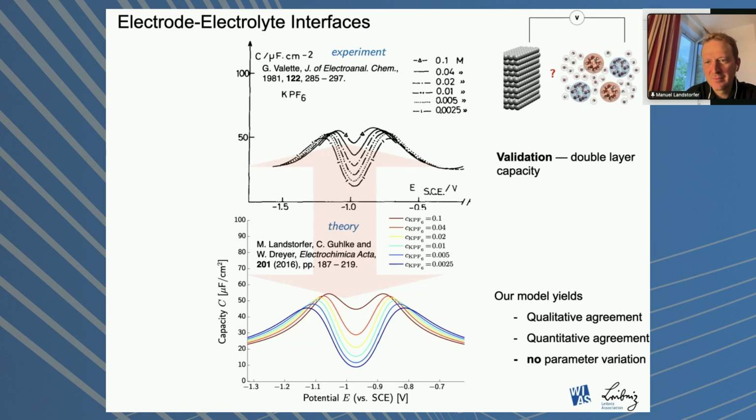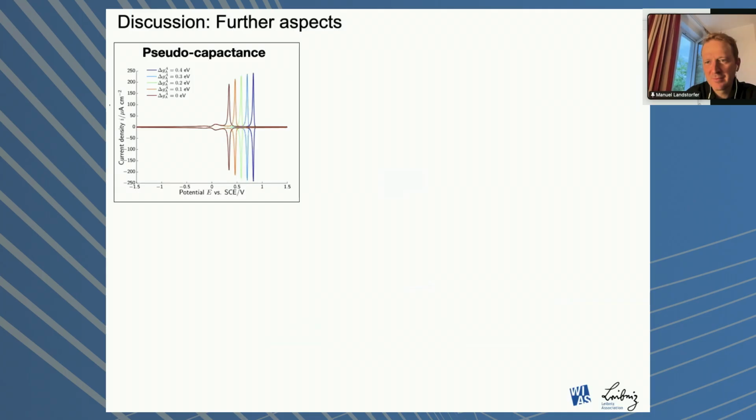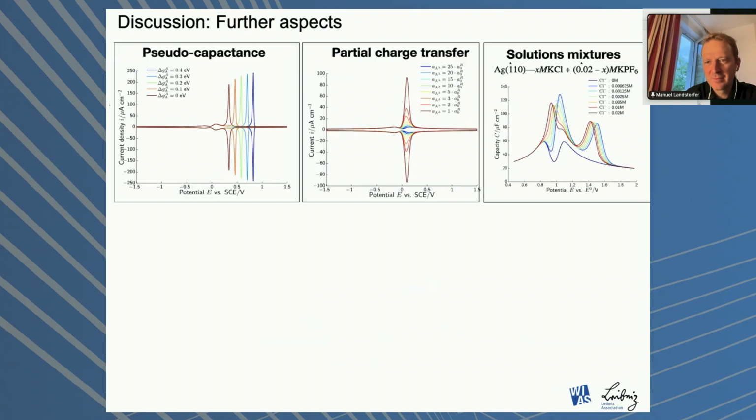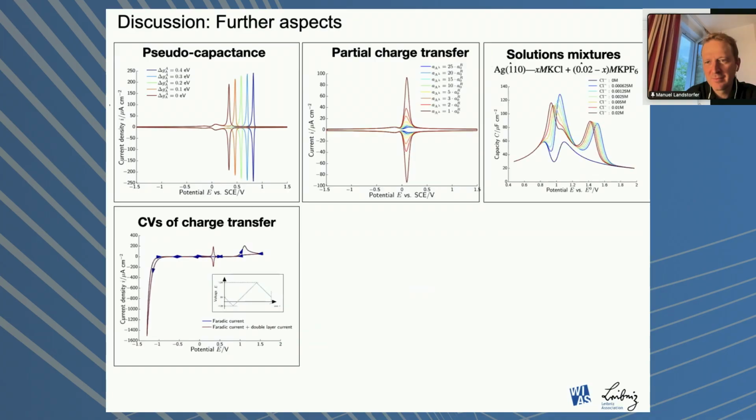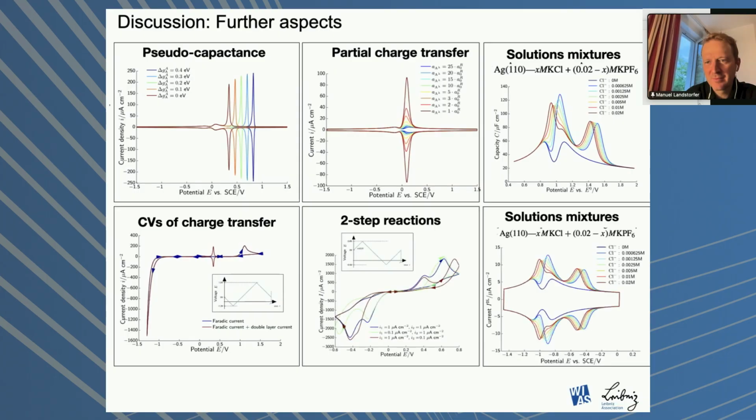Once we are there, we can use these types of model frameworks in order to compute, for instance, current-voltage relations for pseudocapacitance systems with partial charge transfer, even discuss solutions of mixtures, charge transfer reactions, multi-step reactions, and so on. So this is what you can do with it.